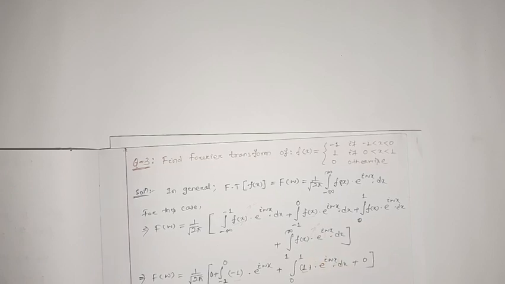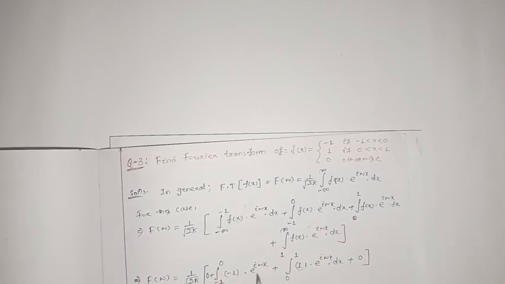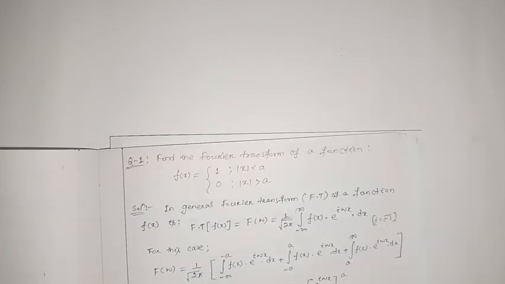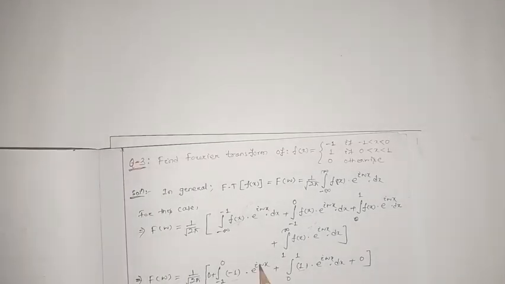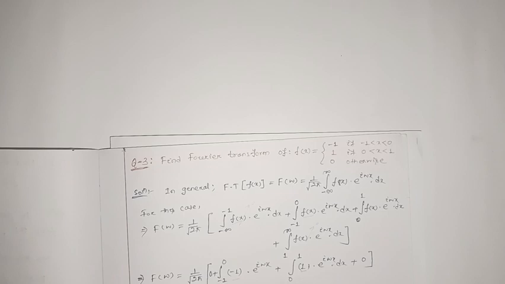I substituted. So this value you can easily find out because e to the power I omega x, this value we already discussed. The integration of e to the I omega x is e to the I omega x by I omega. Here e to the I omega x by I omega integration limit will be minus 1 to 0, and here e to the I omega x by I omega integration limit will be 0 to 1.